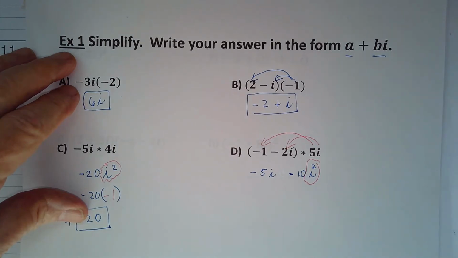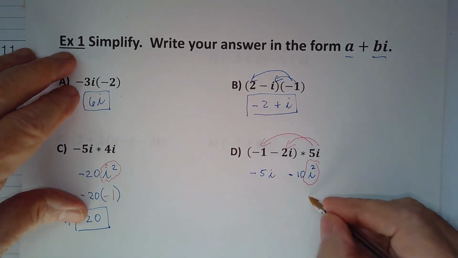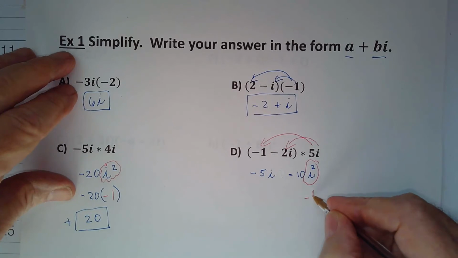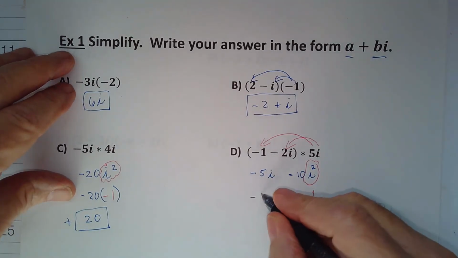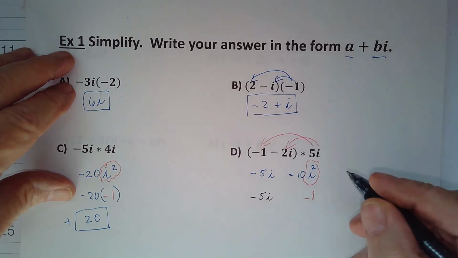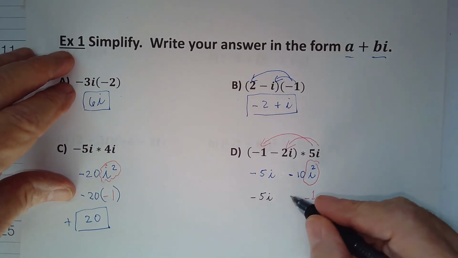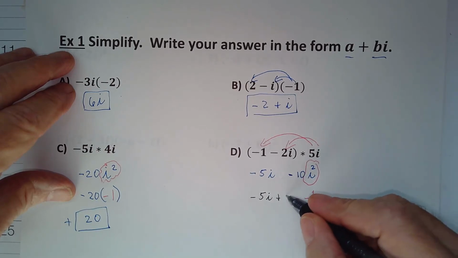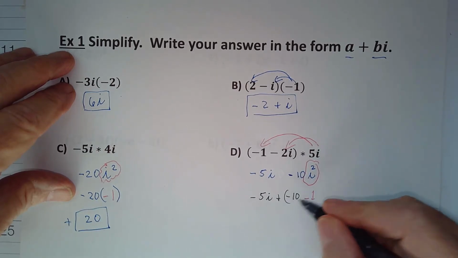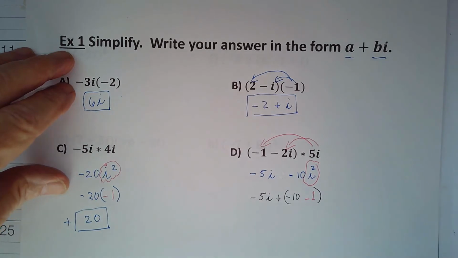And we know that that is negative 1, okay? So I have negative 5i, and then this is plus negative 10 minus 1, right? Or is that times?